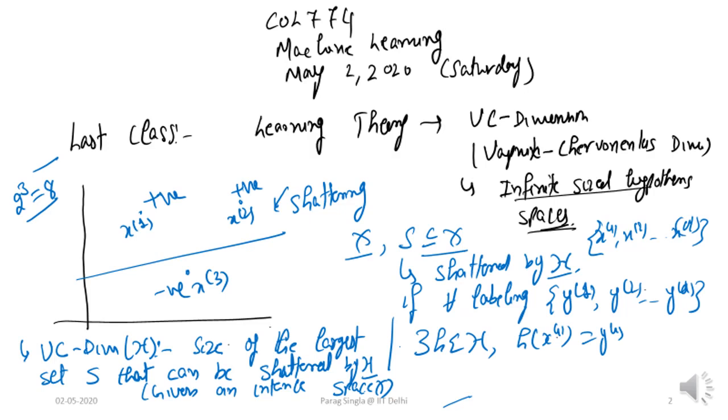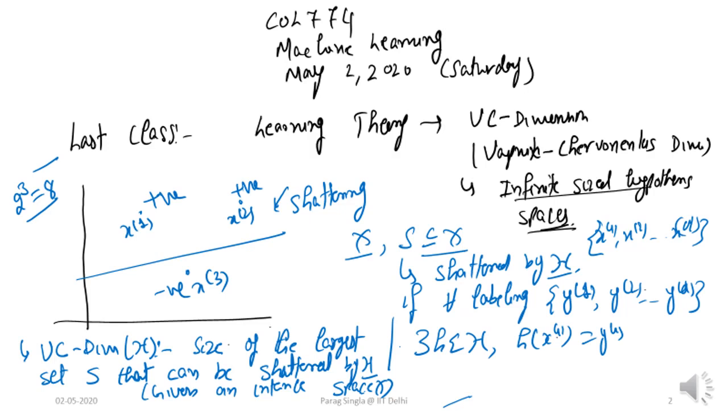We say that a hypothesis class H shatters the set of points S if for any possible labeling that you could give to the points in S, there is a corresponding hypothesis belonging to the hypothesis class which can achieve that labeling.